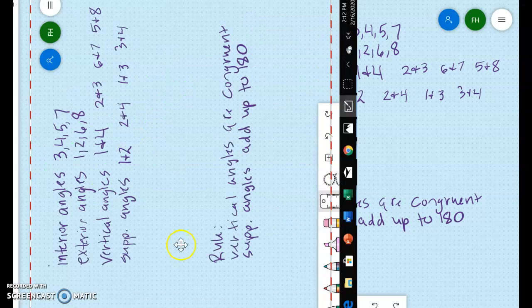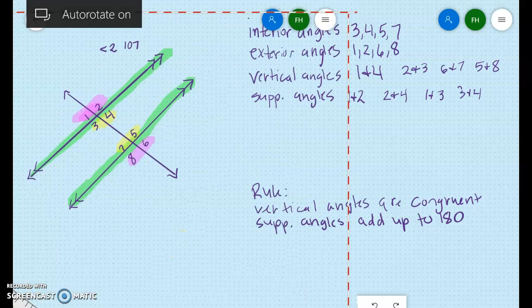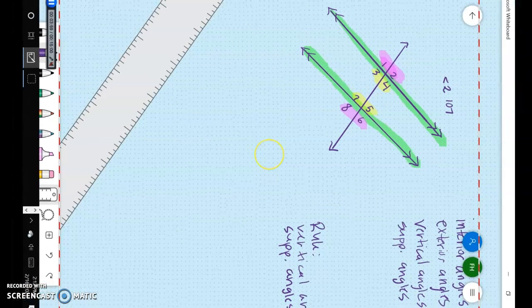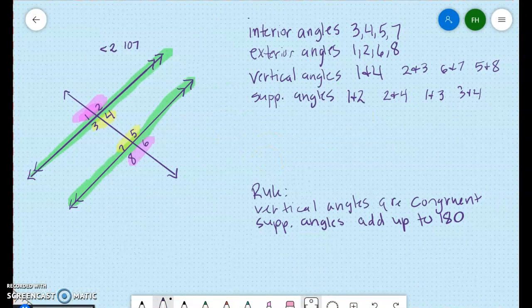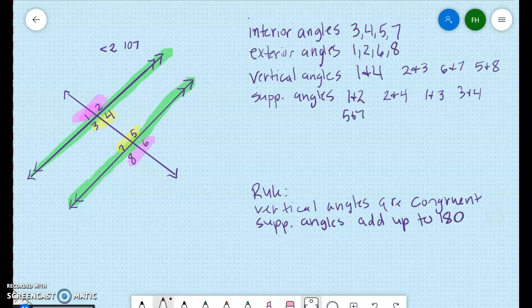Okay, so then you have 5 and 7, 5 and 6, 6 and 8, and 7 and 8. They are all supplementary angles. They add up to 180.